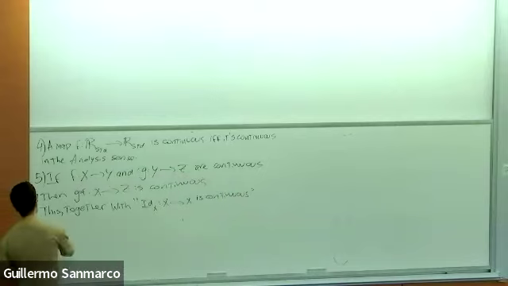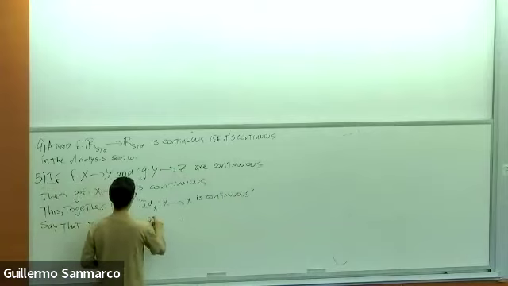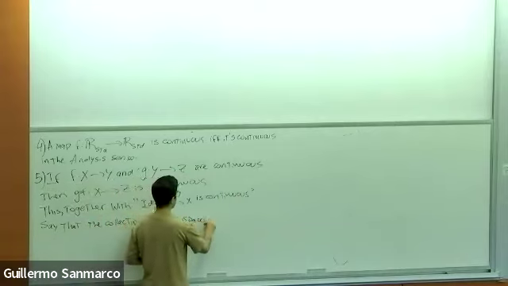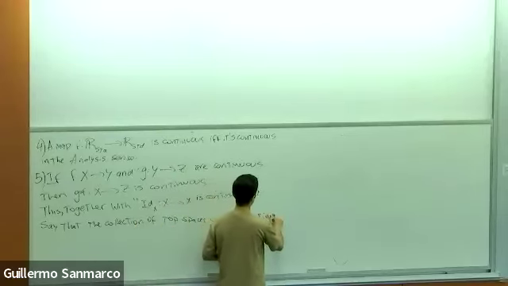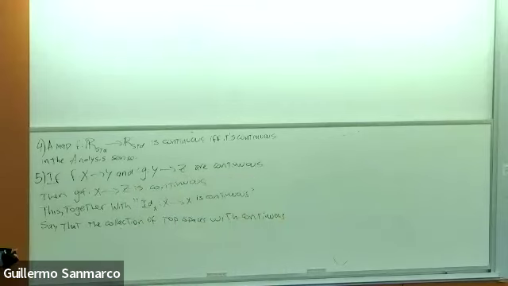these two things say that the collection of topological spaces with continuous maps, so I have objects, topological spaces, and I have functions or morphisms, form what's called a category.